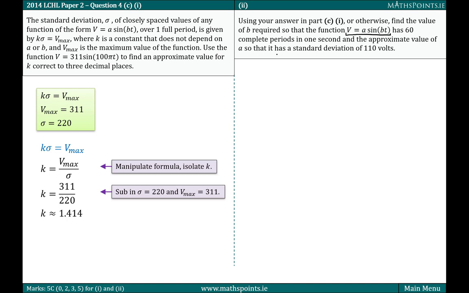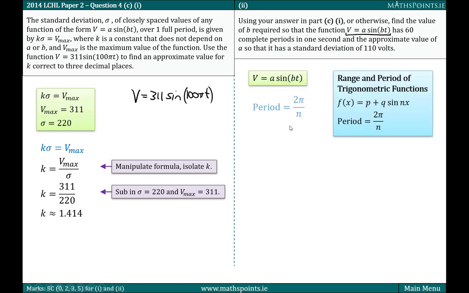And the approximate value of A, so that the standard deviation is 110. Remember, our standard deviation was 220. So we have a formula here, V equals 311 sine 100 pi t. And we want to make a formula where the standard deviation is 110 and there are 60 complete periods, as opposed to a standard deviation of 220 and 50 complete periods.